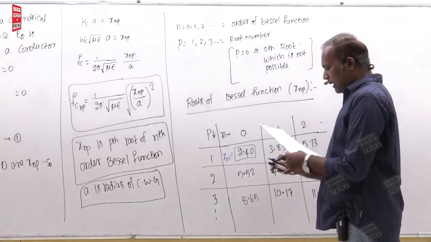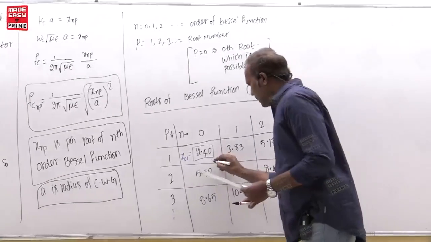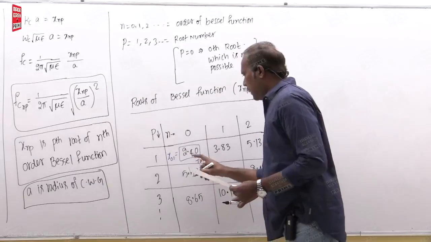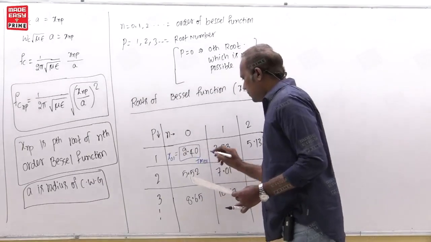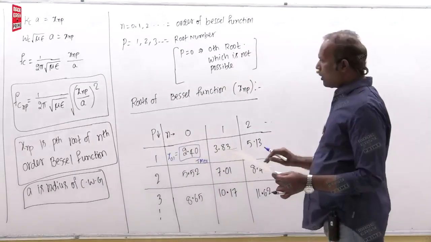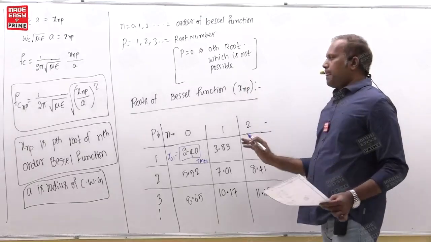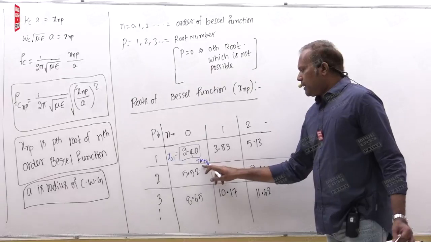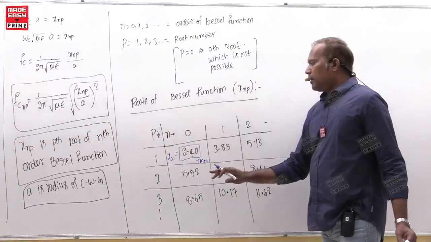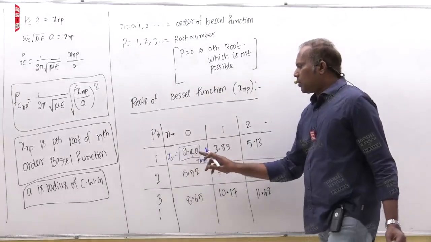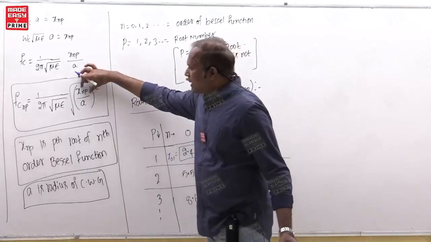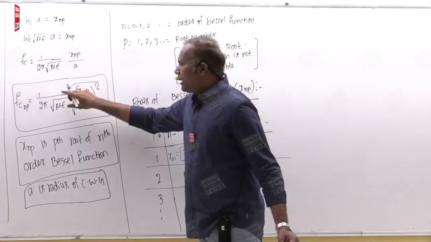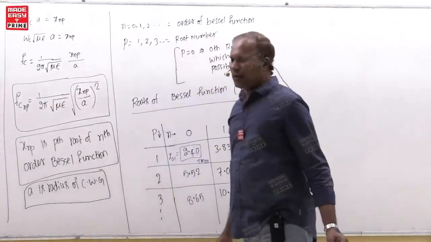That is for TM np, that means the TM01 mode. So among the TM modes, TM01 is the dominant mode, having x01 equal to 2.40, the least value of the root. The least numerator value means the least cutoff frequency.